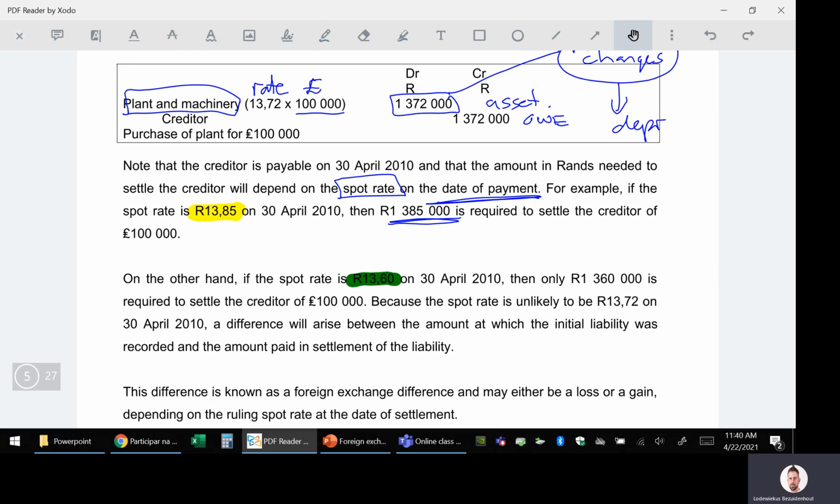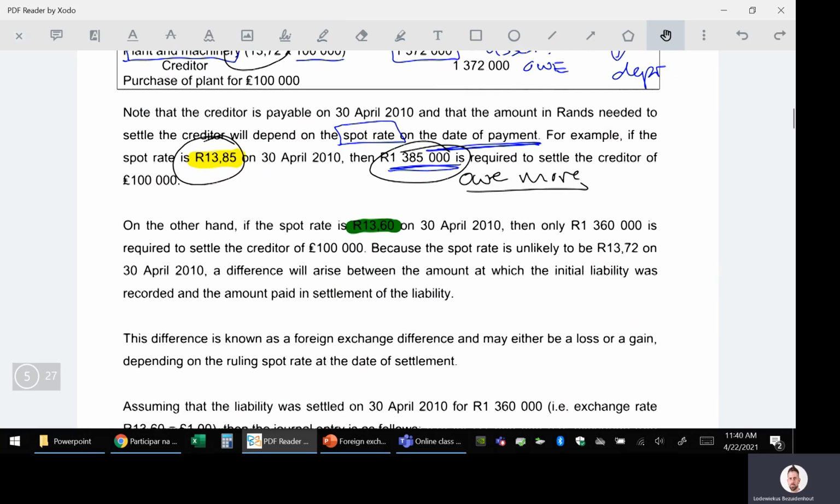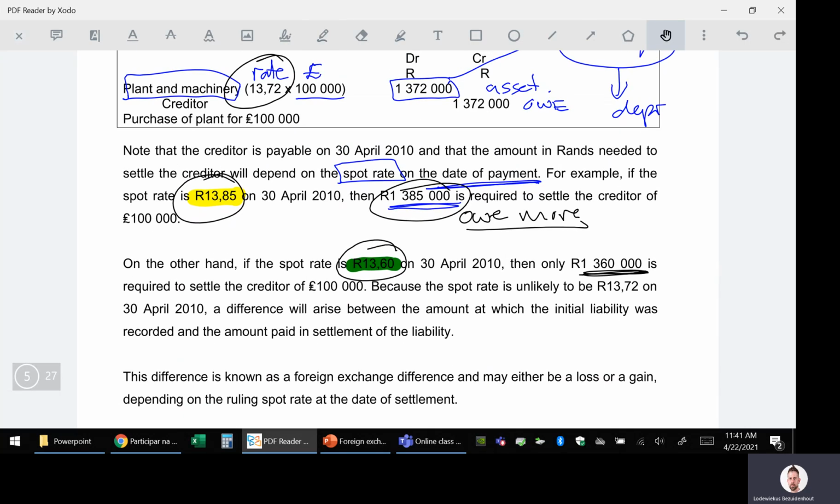Originally we used 1372. If the rate is higher, can you see we owe more? Because now we owe 1385 and the amount in the books is 1372. If the rate is lower, 1360, then we will only have to pay 1360, which is less. So if we have to pay less, then it is a foreign exchange profit.